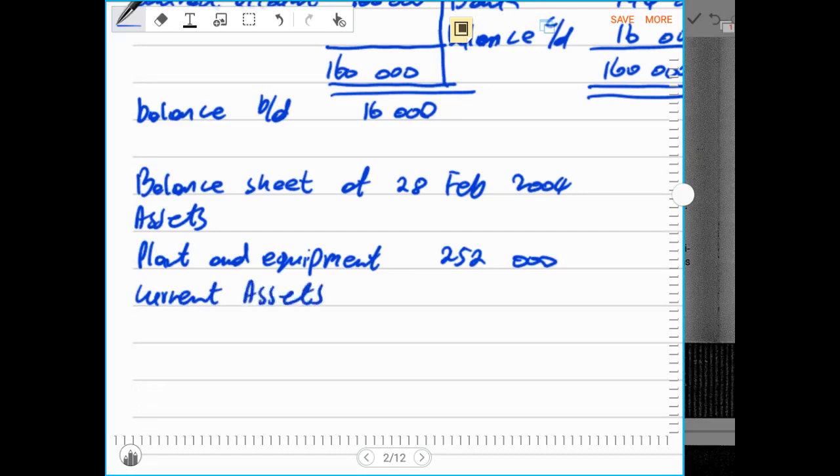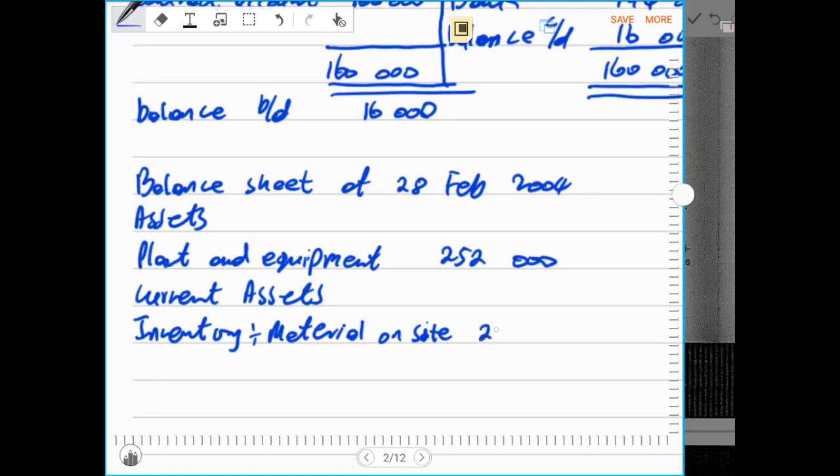Under current assets, we have inventory, which is the inventory of material on site, where we record the closing balance of the material on site.